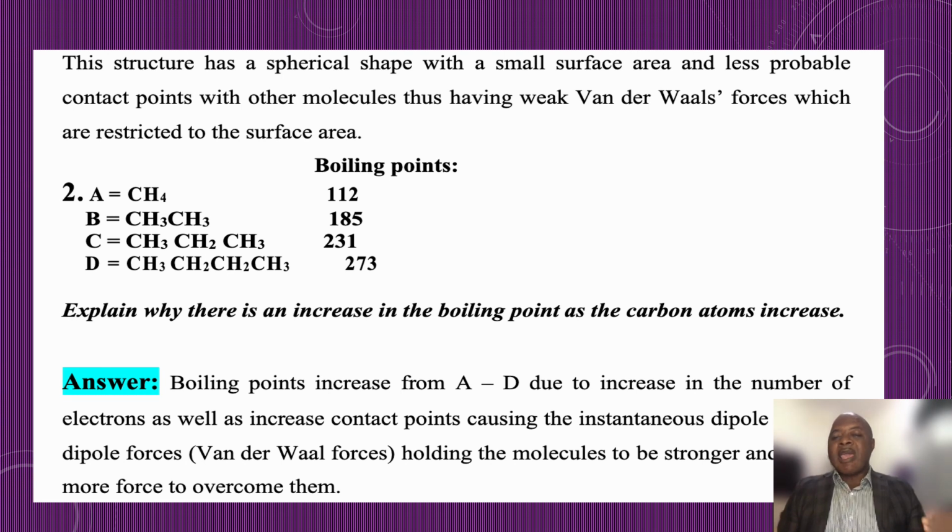There is an increase in the instantaneous induced dipole attraction. And when there is an increase in instantaneous induced dipole forces or van der Waals forces holding the molecules together, what happens? The boiling point will definitely increase, and it will require more energy to overcome them.